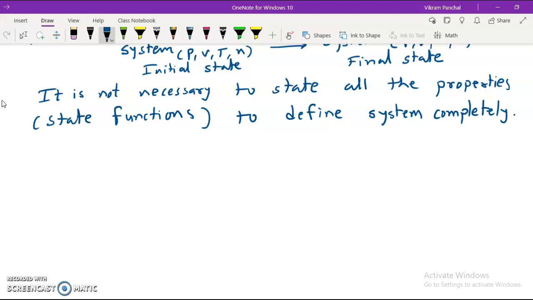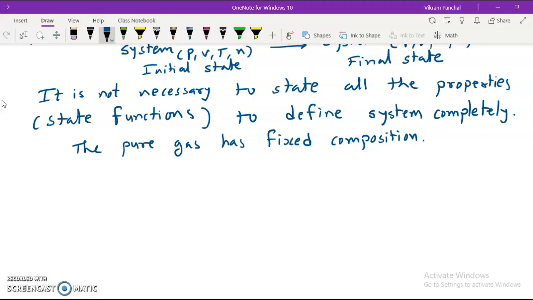No, for a pure gas the composition is always fixed. So the pure gas has fixed composition, so no need to show composition because it is always going to be the same. Okay, but there might be change in temperature, pressure, or volume.